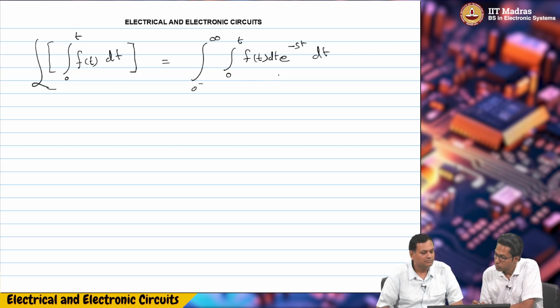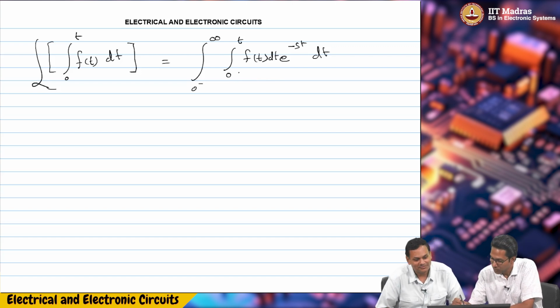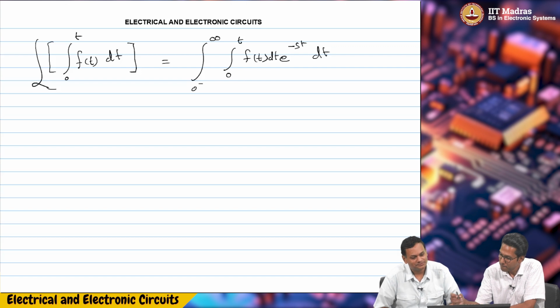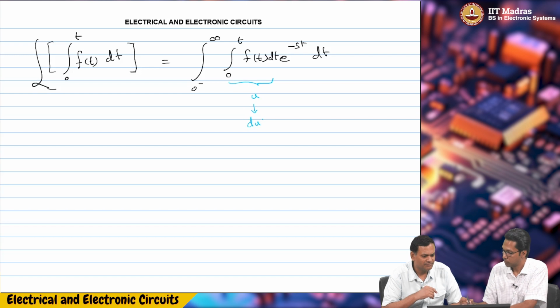So what will we do now? UV method. Let's do that. This shall be u, so then we want du. Du is f of t dt.